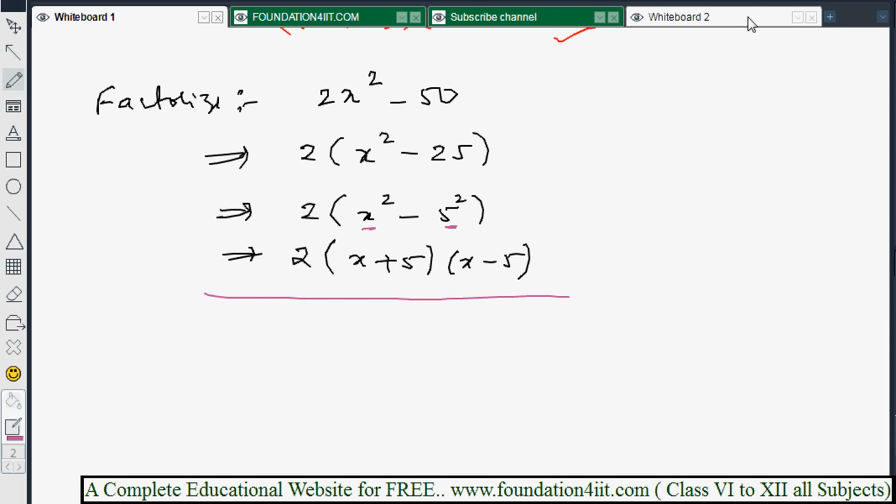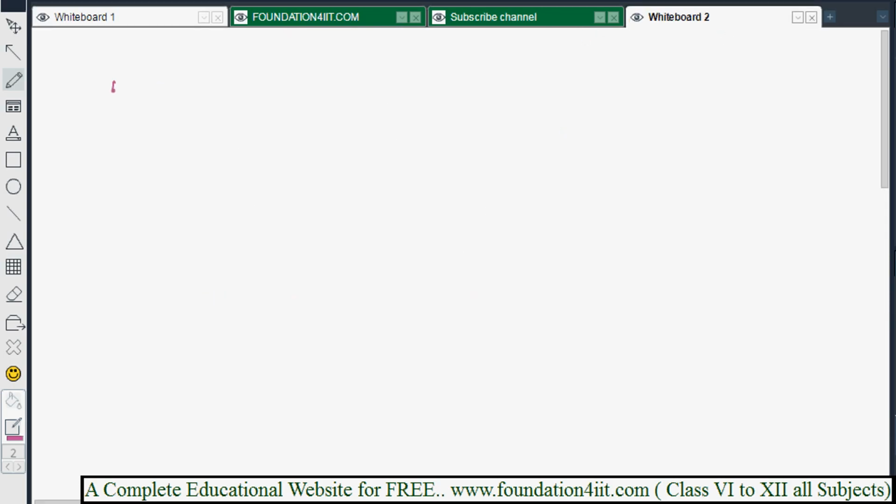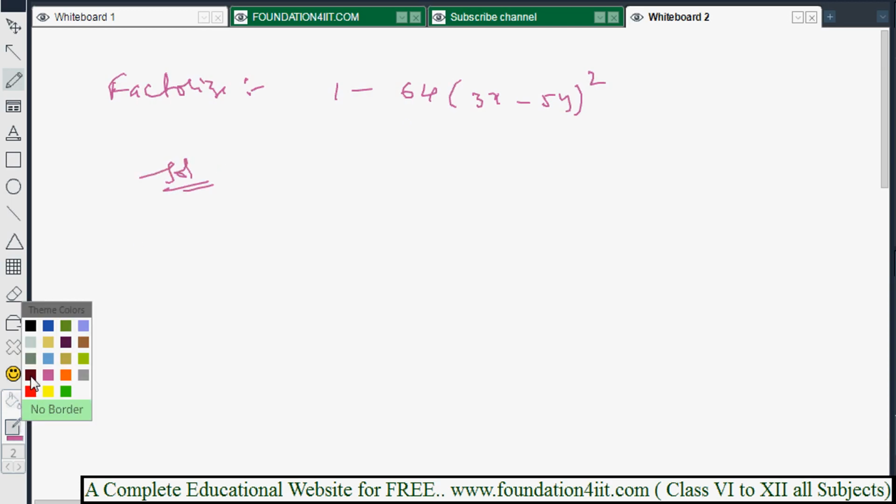And see how to factorize in the combination of polynomials also. This method only. So the question is factorize 1 minus 64 of (3x minus 5y) square. See how to solve here. Always 1 square is 1, remember that. So this 1 I can write as 1 square minus 64, we can write 8 square, right?